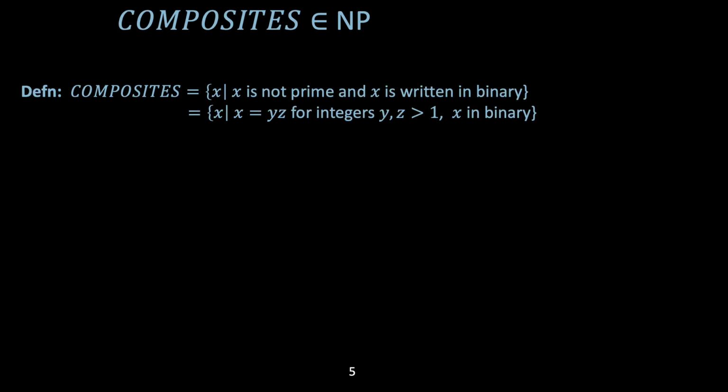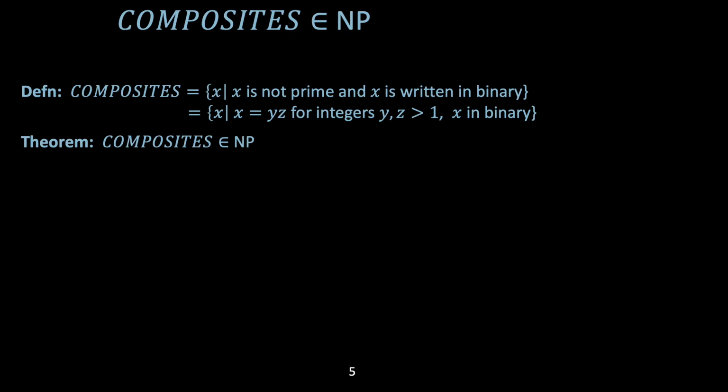Another interesting problem is composites. Thinking about composites, those are numbers that are not prime, and that means that that number has a factor. So x is going to be equal to y times z, where y and z are both greater than 1. Composites is in NP.